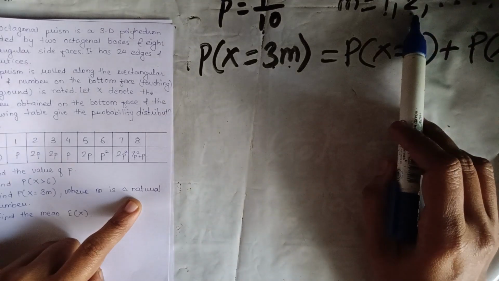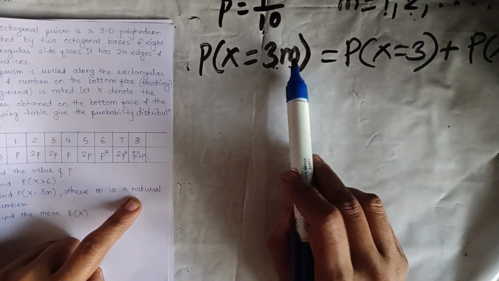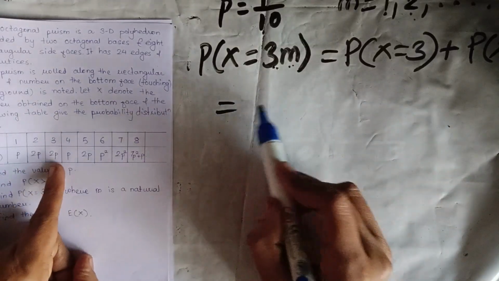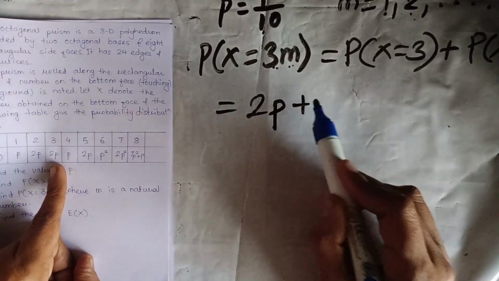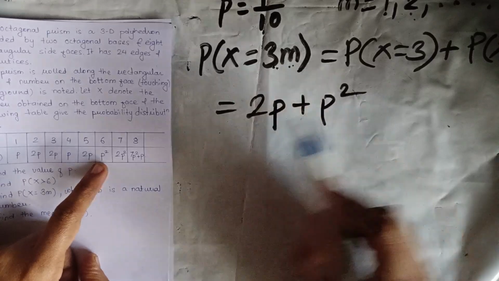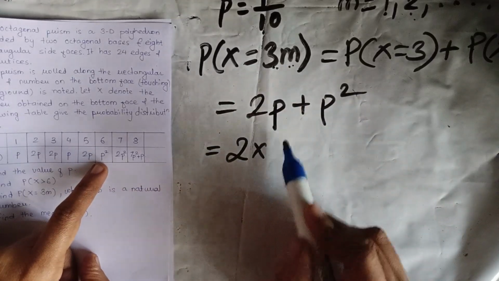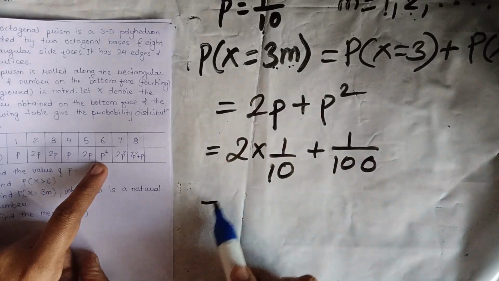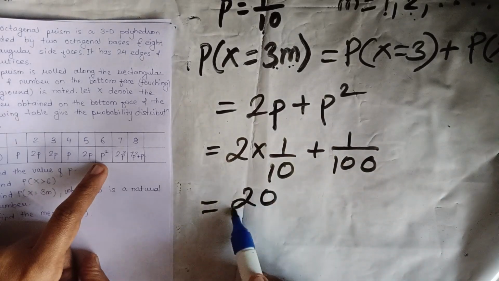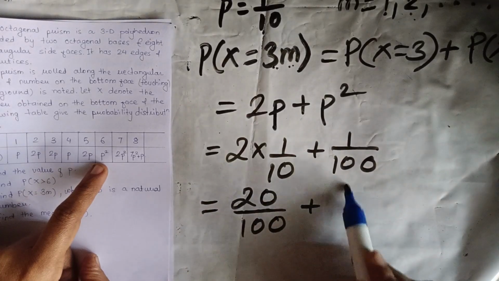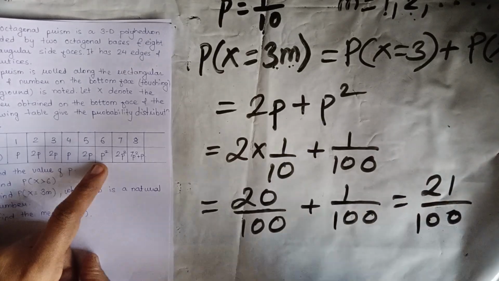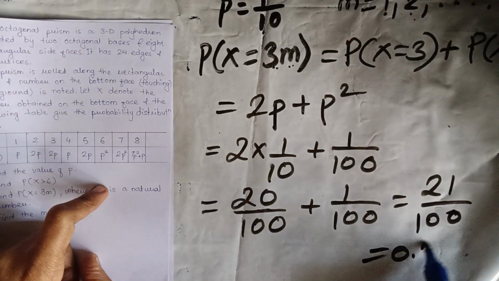When m is equal to 3, this will be 9, but 9 is not there. So only 2: X equal to 3 gives 2P, X equal to 6 gives P². Substituting the value of P, 20 upon 100 plus 1 upon 100, so 21 by 100, that is 0.21.